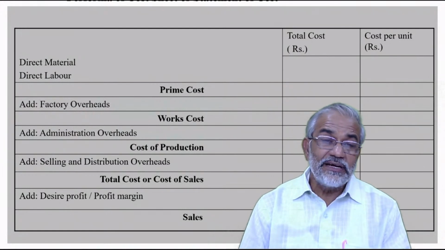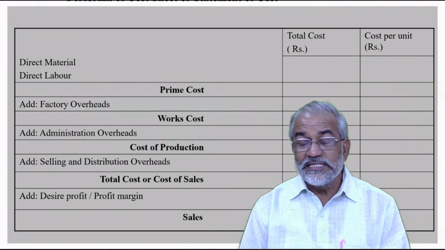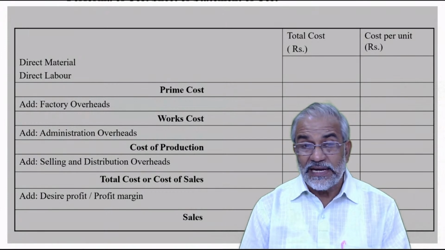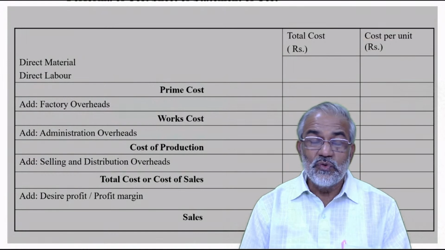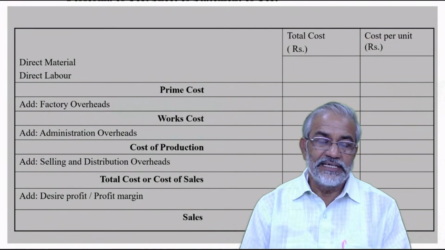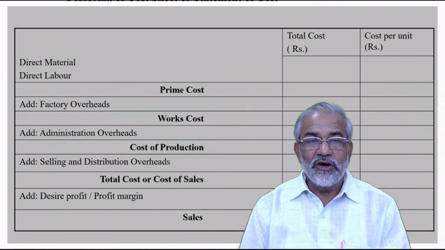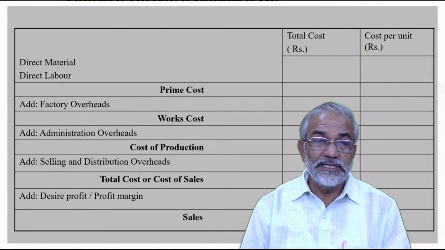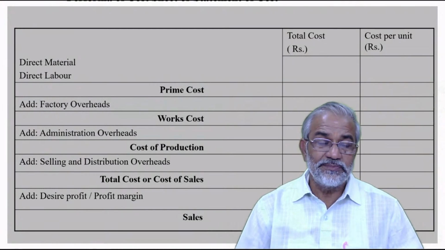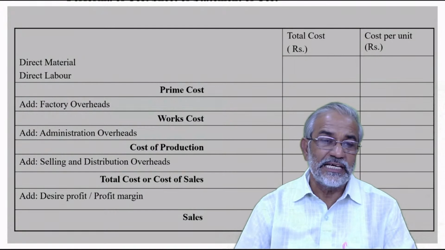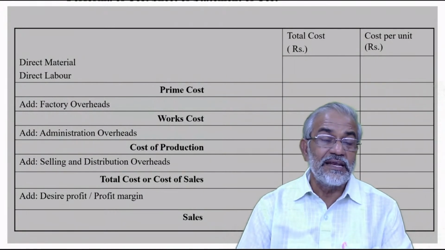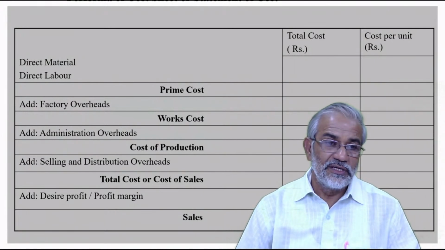And what does overhead mean? All the indirect expenses. Factory overhead means all the indirect expenses relating to the factory, relating to the production of the unit, which are expended in the factory itself where the unit is being produced.